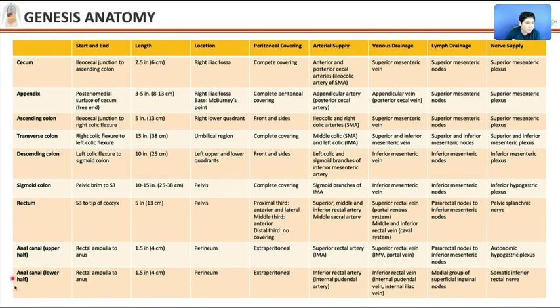So your lower half of the anal canal is separate from the gastrointestinal blood supply and drainage. It has a totally different blood supply, venous drainage, lymph drainage, and nerve supply. That is basically the summary of this table.